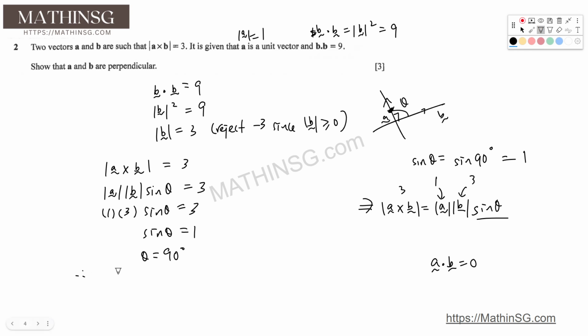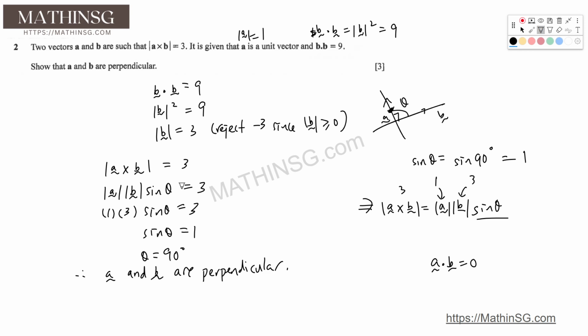Therefore, A and B are perpendicular. Okay, so now we have shown this already, and that's what they want, all right?